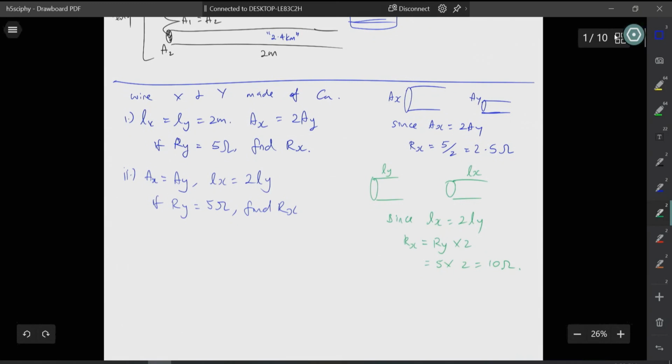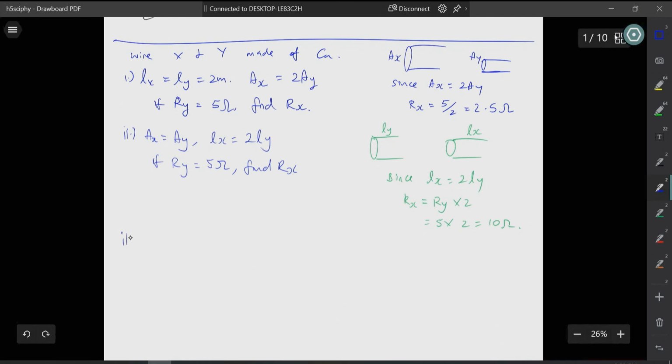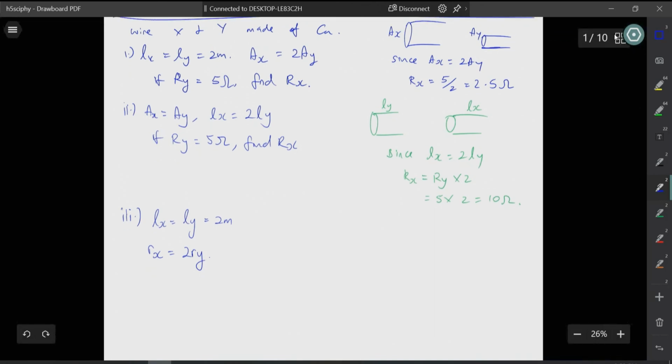Now the last scenario that I want to talk about is with regards to radius. Let's say that Lx equals Ly, which is equal to 2 meter if you need a number. However, rx is equal to 2ry. If Ry equals 5 ohm, find Rx. What needs to happen here is that we need to figure out the area ratio.